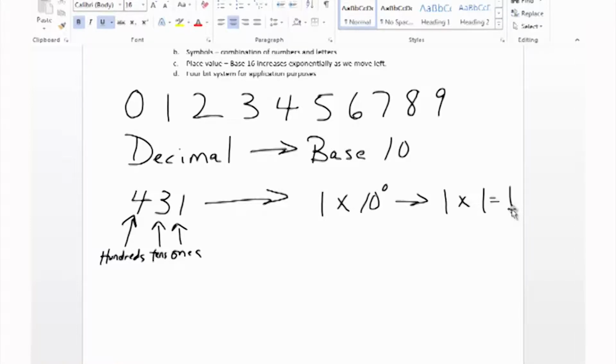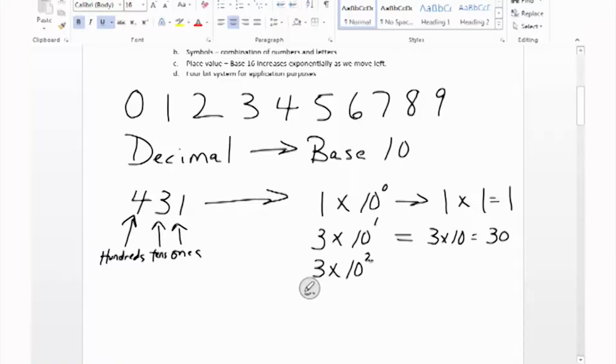In the tens place, we have the value of 3 times 10 to the 1. Well, any number raised to the first power is going to simply be whatever that value is. So this is going to be 3 times 10, which gives us 30. And then the next place is going to be 3 times 10 to the second power, which is going to give us 3 times 100.